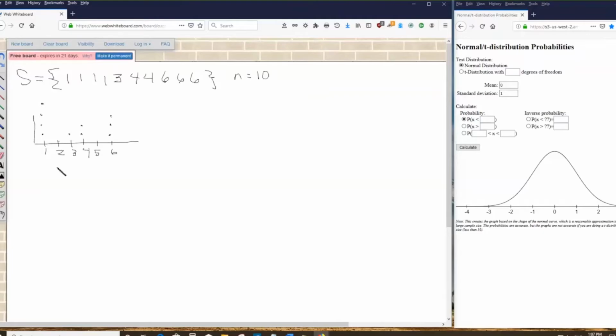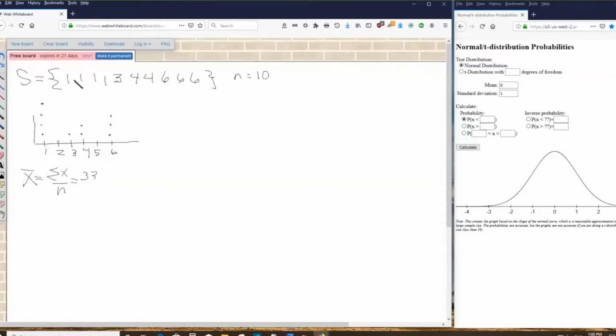Then if I take the mean of this particular space, which is just summing up all of those numbers and dividing by the number of samples, that gives me 33.